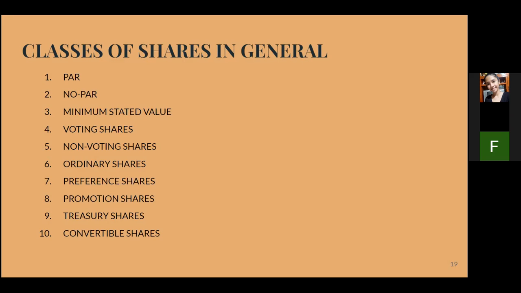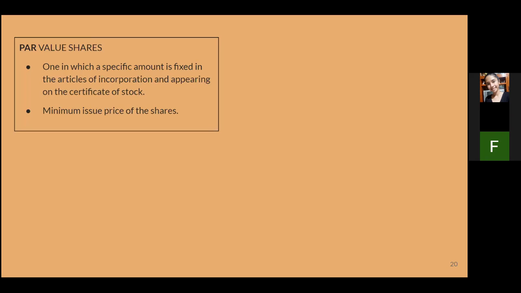Classes of shares. Ganon. We have 10. First is yung par value. Sa pag-par value, siya yung mga fixed amount or specific fixed amount na nakikita dun sa articles of incorporation and nag-a-appear siya sa certificate of stock.